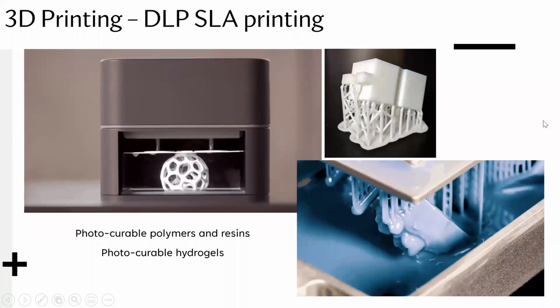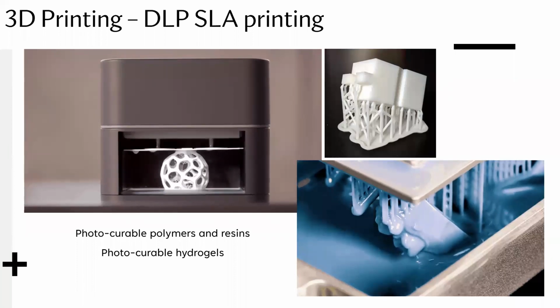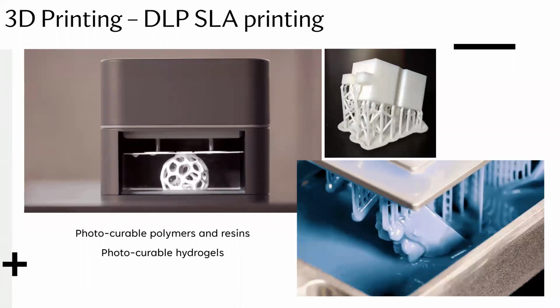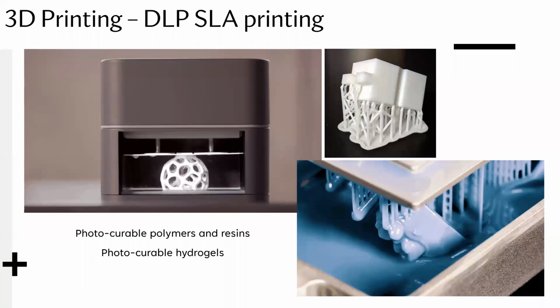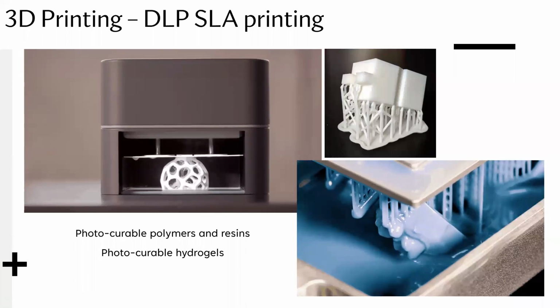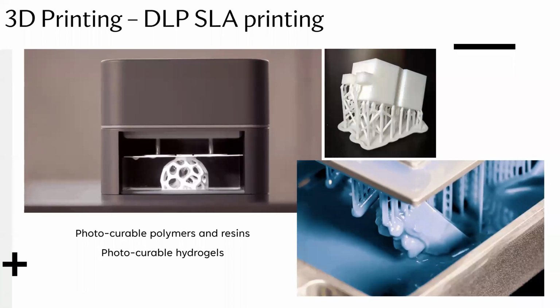This process was, as you may recall from the last lecture, called DLP-based 3D printing, or DLP-based SLA, which is a subcategory of two-dimensional 3D printing processes.